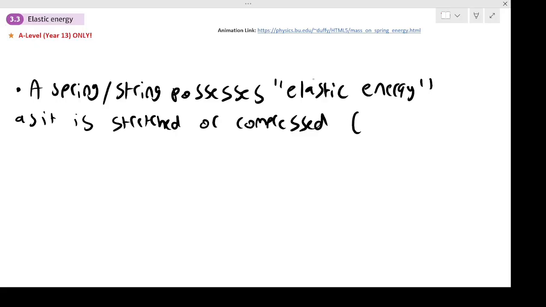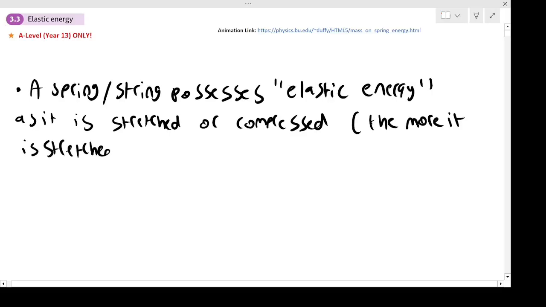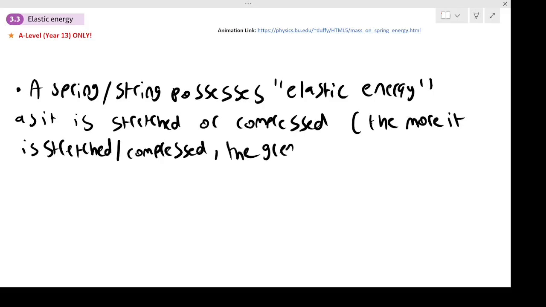And I'm also going to say the more it is stretched or compressed, the greater the energy. Okay.